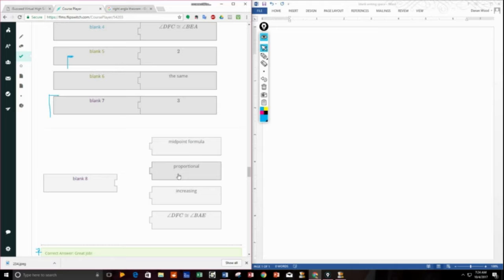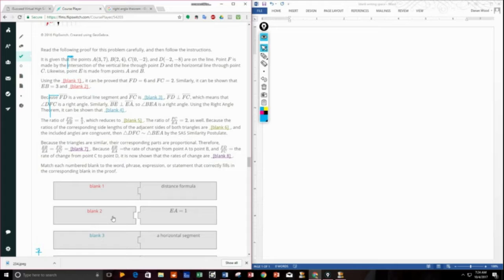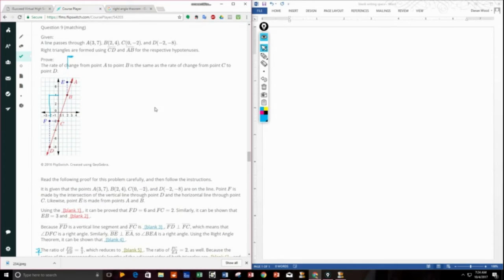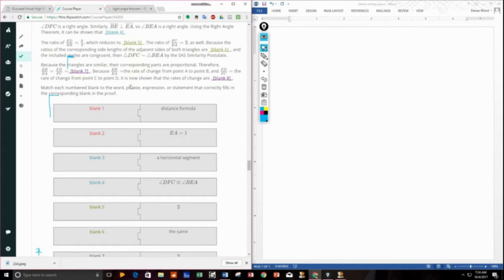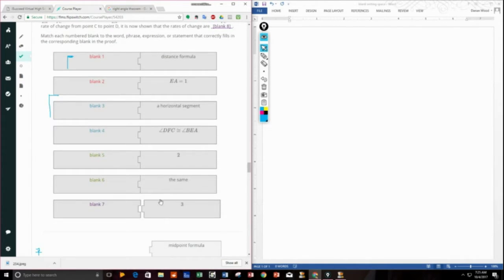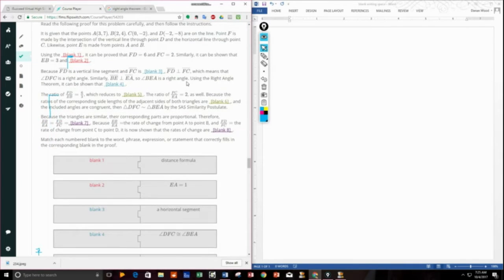Is it increasing, proportional, or the midpoint formula? What were we trying to prove? Prove that the rate of change from point A to point B is the same as the rate of change from point C to point D. Okay, so we're looking for the same. That was what we were trying to prove.